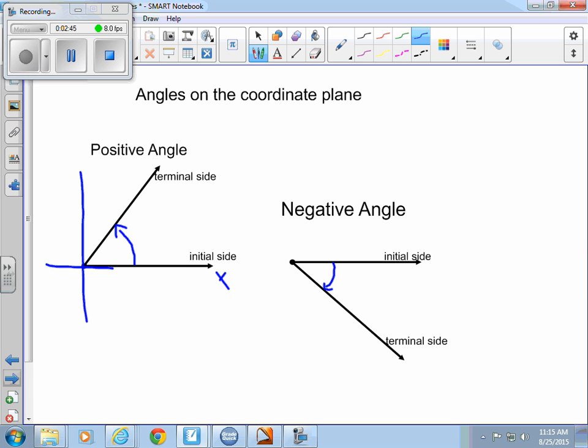You've never thought of a negative angle before, so that's a little strange. Positive angles go up from the positive x-axis, or counterclockwise. Negative angles go down from the positive x-axis, or clockwise.